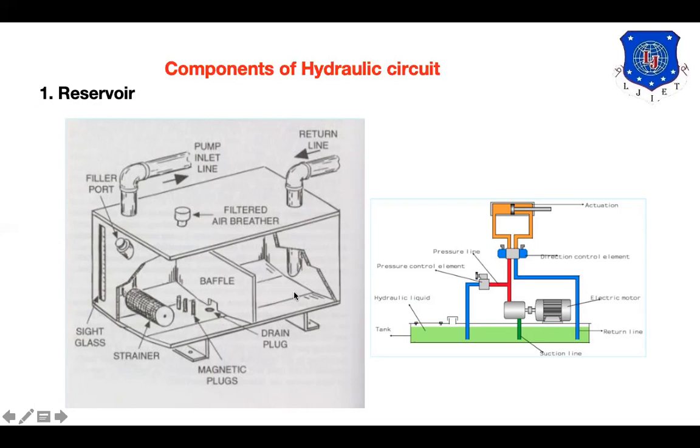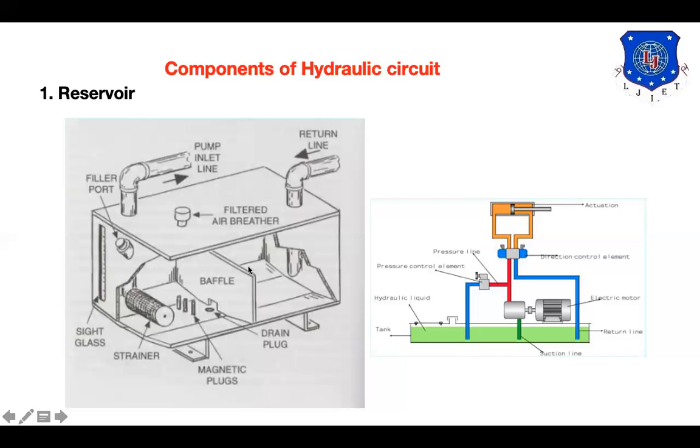Rather, what happens is, whenever return fluid enters this particular zone, only from the bottom section can working fluid enter this second section. Why is this requirement there? Because whenever working fluid returns, it has a high temperature, right? We cannot circulate that high temperature fluid directly back to the pump.